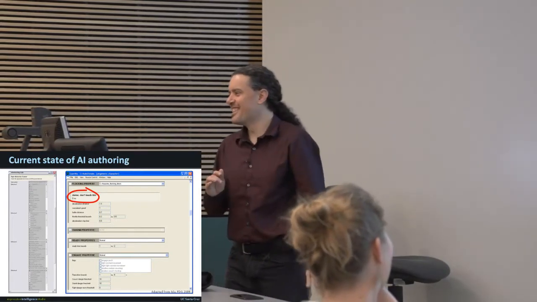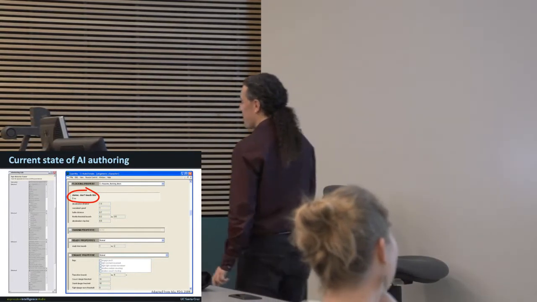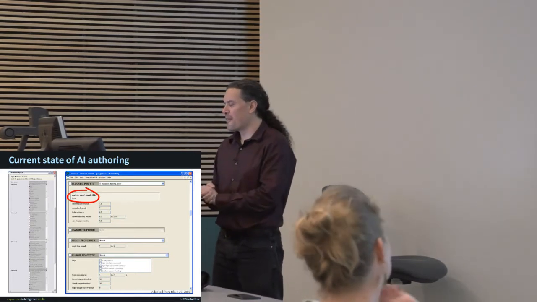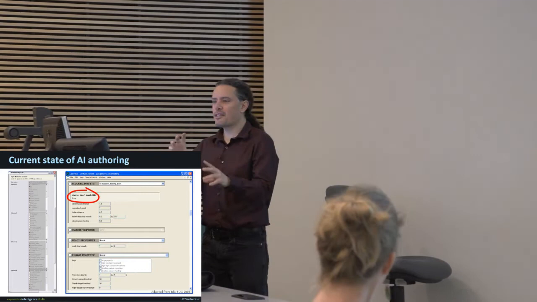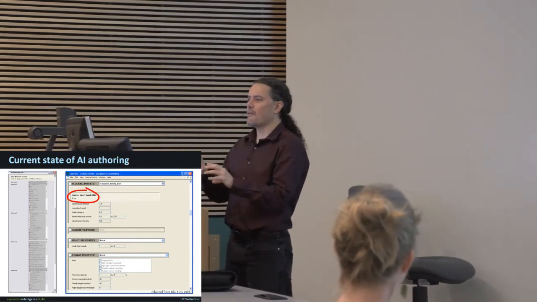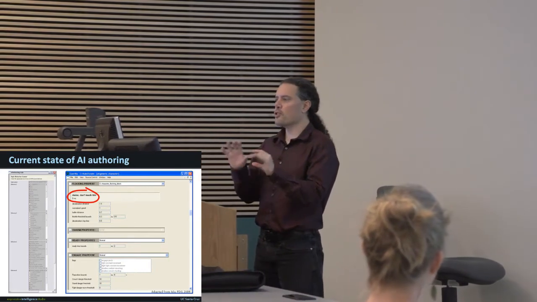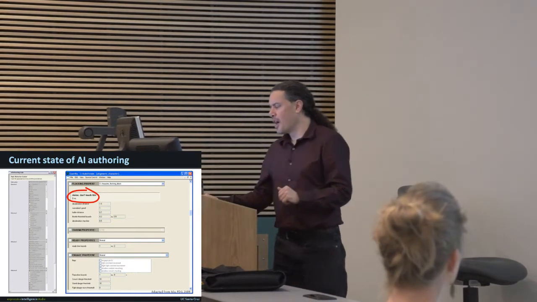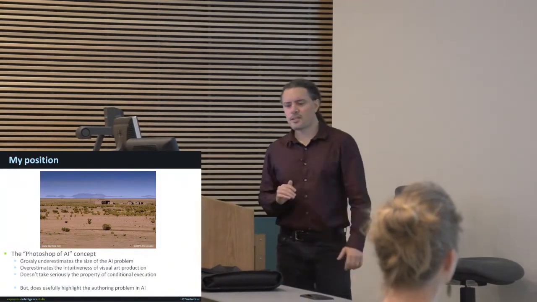So this is pretty much the current state of AI authoring tools: very complex, sensitive beasts that you need to have a lot of skill to be able to use appropriately. So this certainly doesn't feel like a Photoshop, right?